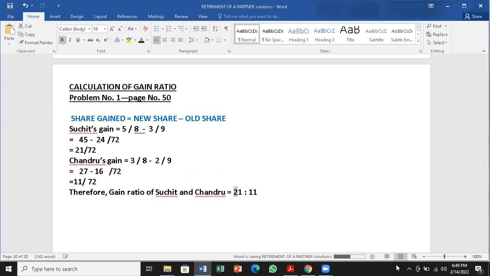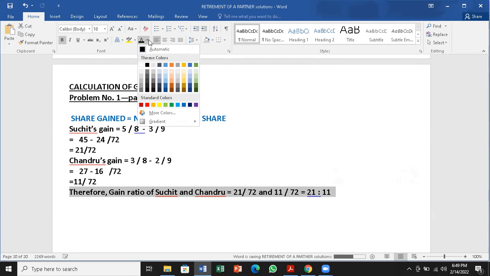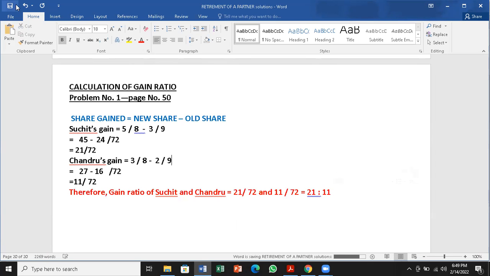So we can also mention otherwise 21 by 72 and 11 by 72, that is equal to 21:11. That is the final answer. For this, you will get 6 marks.